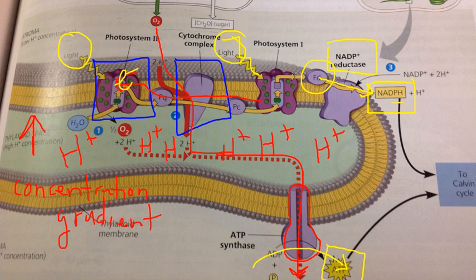And then NADPH, that now very unstable molecule, and ATP, which is also a very unstable molecule, have taken that energy that was at first in the light, and now it's stored in these molecules, and now they're going to go to the Calvin cycle to make glucose.